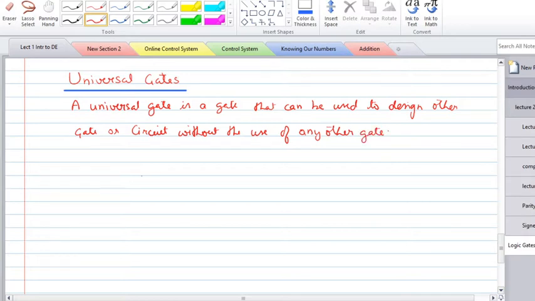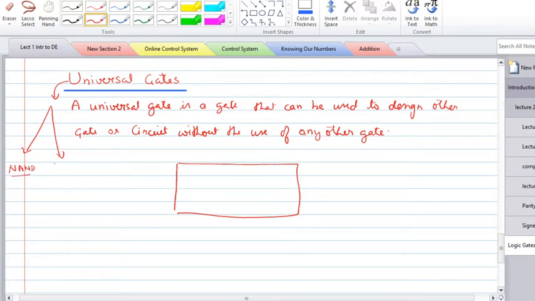Okay, it means if we want to design a bigger circuit using this universal gate, which consists of two types of gates, either a NAND gate or a NOR gate, then this circuit can be designed by using either the NAND gate or the NOR gate only.